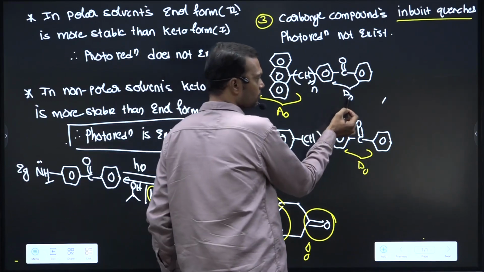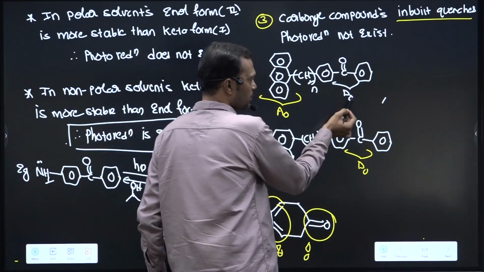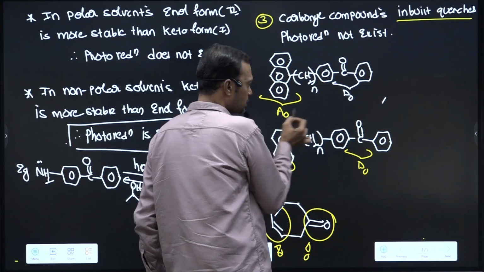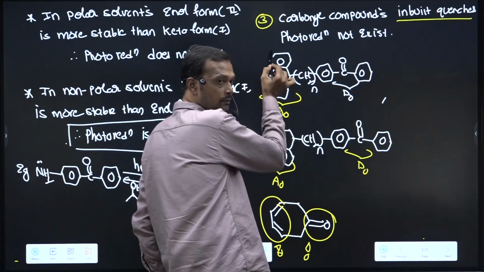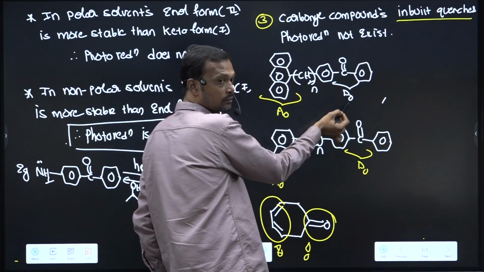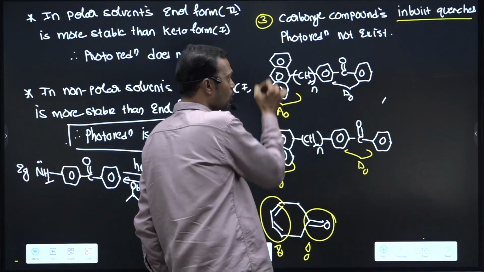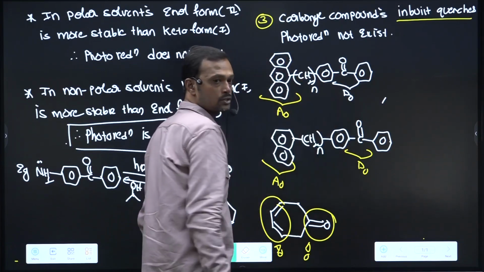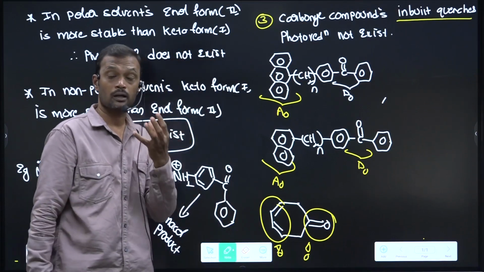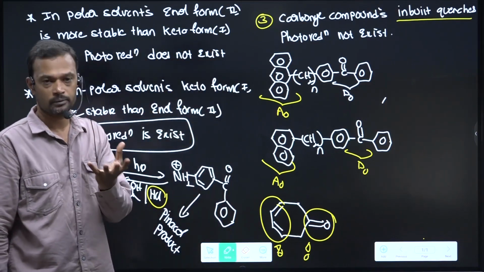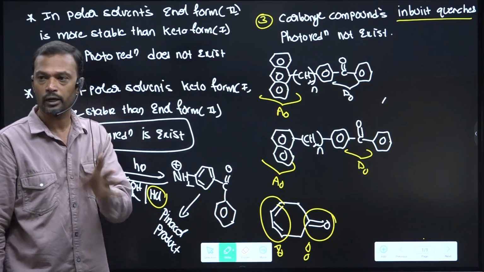Initially this becomes donor, acceptor, singlet, triplet. Now triplet energy is transferred to this one. This becomes triplet. And what about here? Ground state. This undergoes photoreduction, but this never undergoes photoreduction. Whichever partner is in the activated state, only that particular partner can undergo reduction.